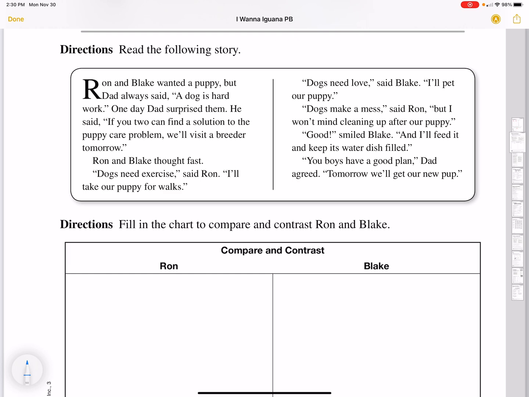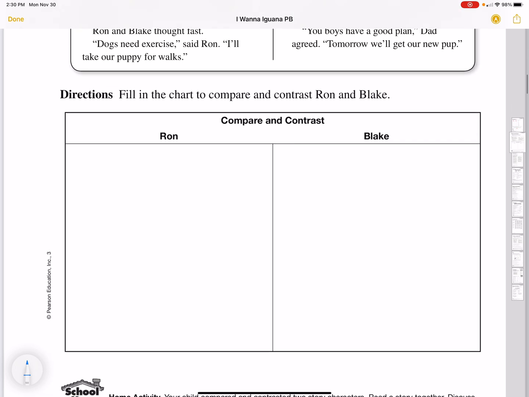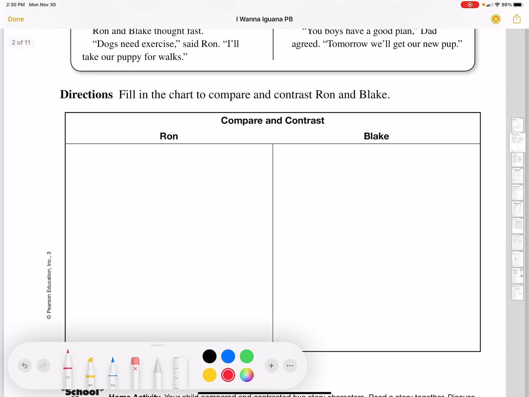Dogs need love, said Blake. I'll pet our puppy. Dogs make a mess, said Ron, but I won't mind cleaning up after our puppy. Good, smiled Blake, and I'll feed it and keep its water dish filled. You boys have a good plan, Dad agreed. Tomorrow we'll get our new pup. If only it were that easy to talk parents into getting puppies, right?